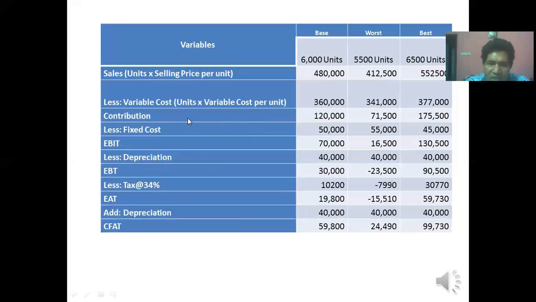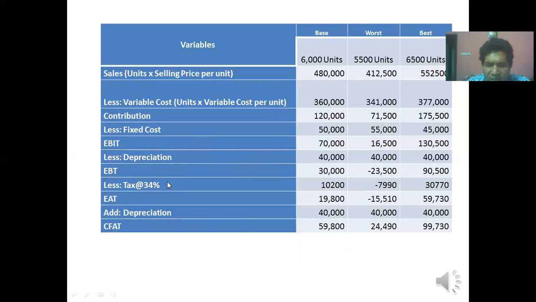We know the contribution: sales minus variable cost equal to contribution. Here the contribution less fixed cost 50,000, 55,000, 45,000. EBIT less depreciation, as depreciation was not included in the fixed cost, so we have to deduct depreciation 40,000, and EBT, earning before tax, 30,000, minus 23,500, 90,500, less tax at the rate of 34%.